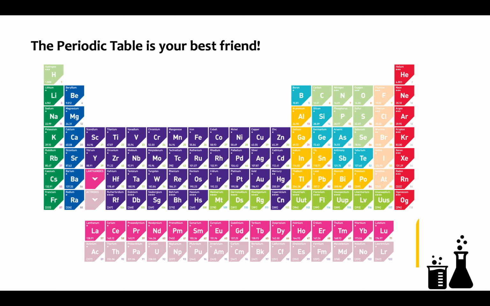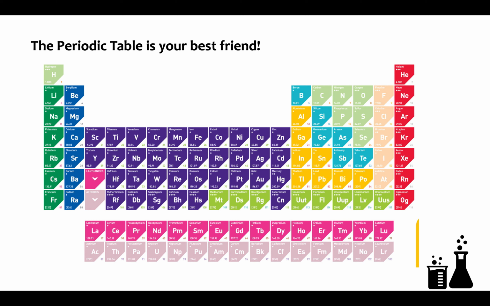Obviously the periodic table contains all the known elements in the world, and in the universe at the moment. All right, so all of these are elements. However, some of them exist as molecules as well.